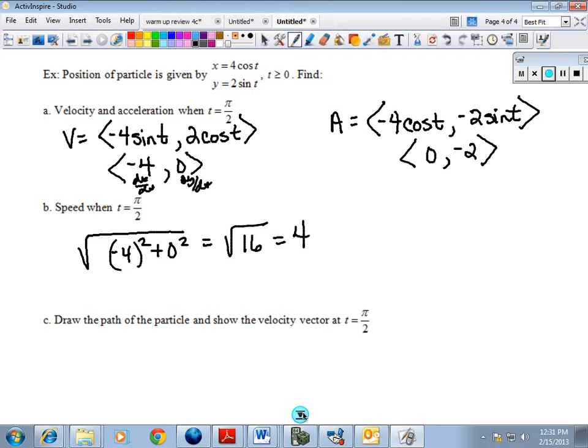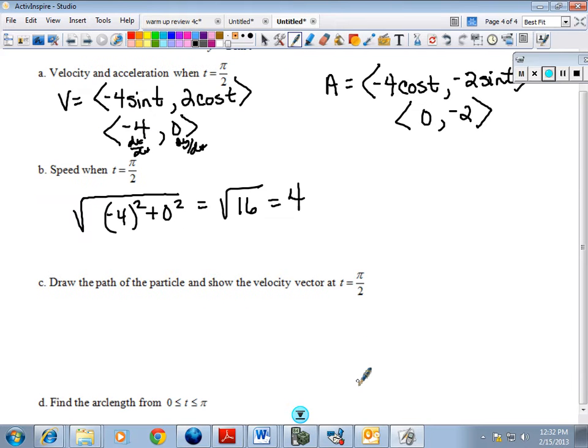In order to draw the path, I need to put it in rectangular. So I need to know that x equals 4 cosine of t and y equals 2 sine of t. And my formula relating my rectangular and my vectors is I know that sine squared plus cosine squared equals 1.